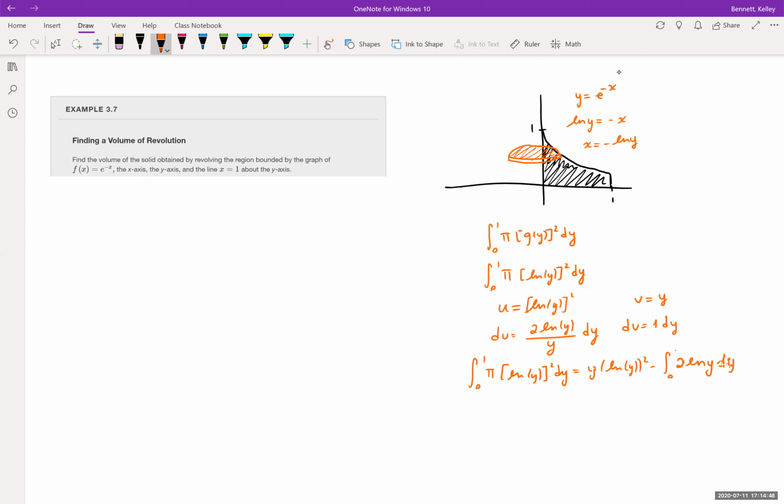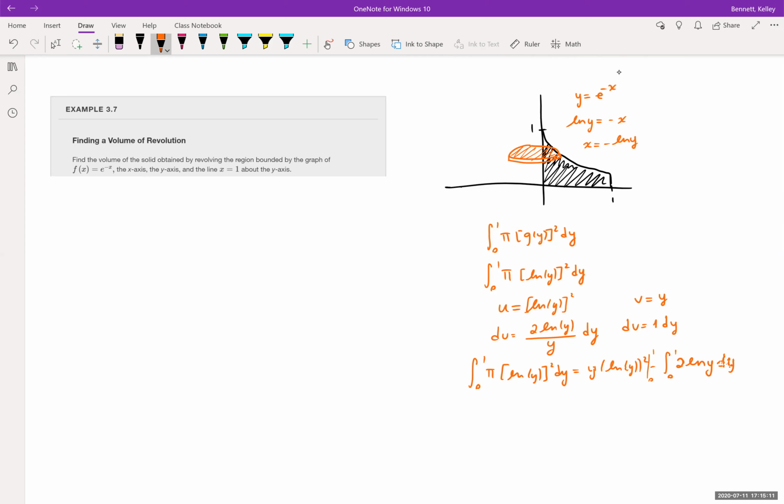And all this is going from 0 to 1, by the way. Okay, so what's the integral of the natural log of y? You could definitely do it that way. I would have to look at a table to reference that, or Google search it. So this isn't really what they're after in this problem.